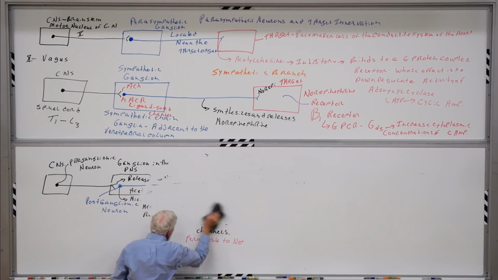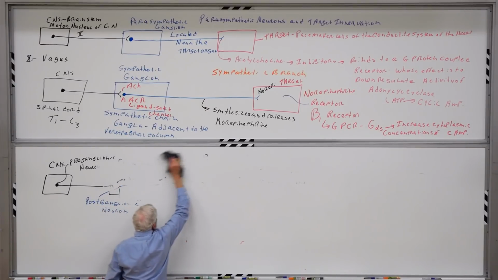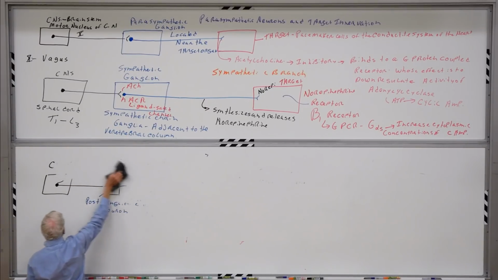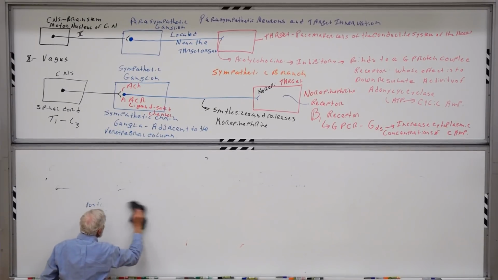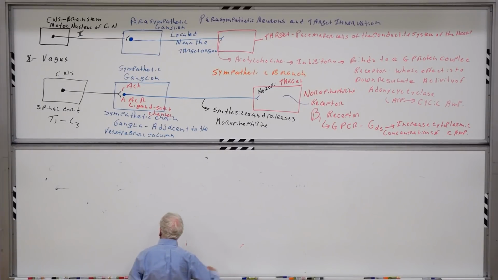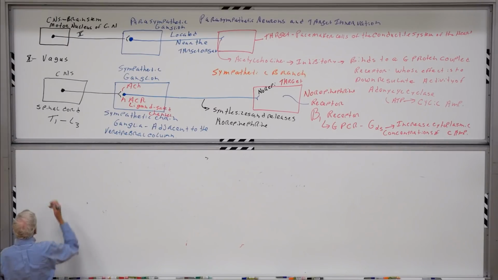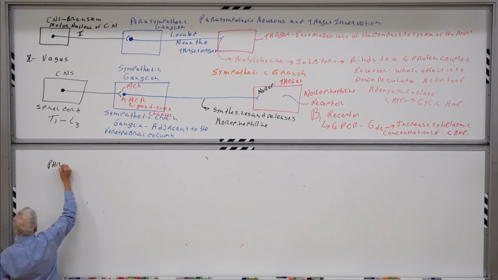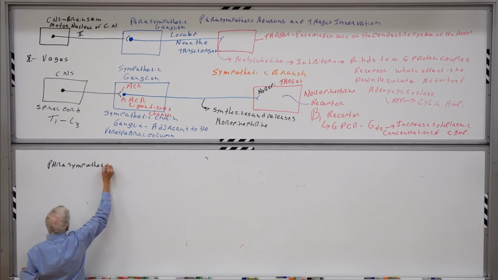And try to convey to you from those boxes where the different boxes are in a biological structure. So let's first, on the left-hand side here, talk about the parasympathetic system.